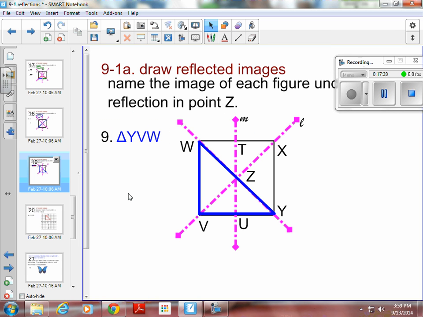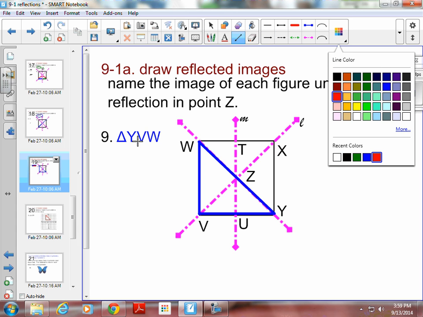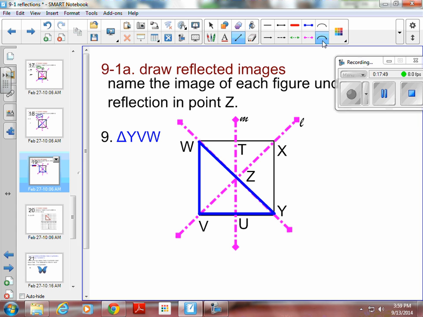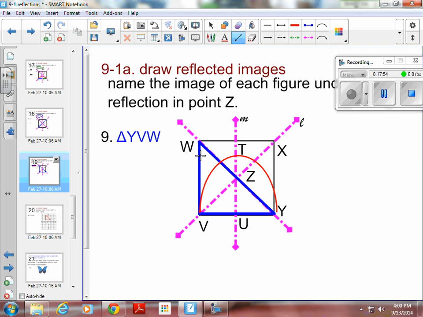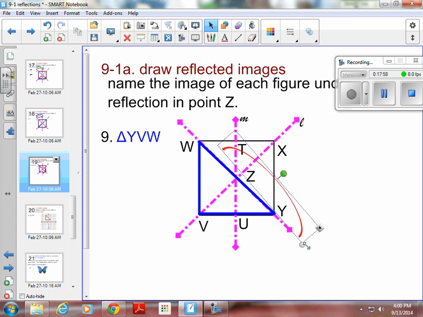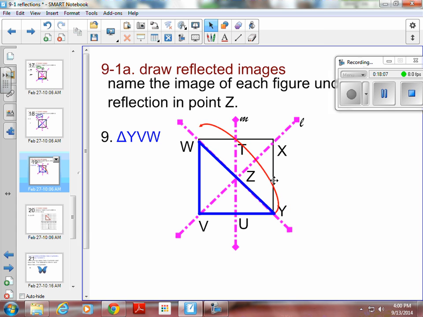And I'm going to reflect it on point Z. So that means that Y goes through Z, and when you go through Z to the other side, you end up at W. Right? So Y through Z ends up at W.